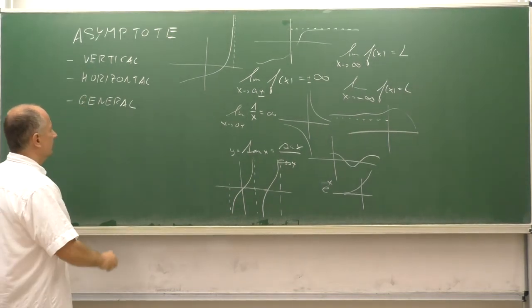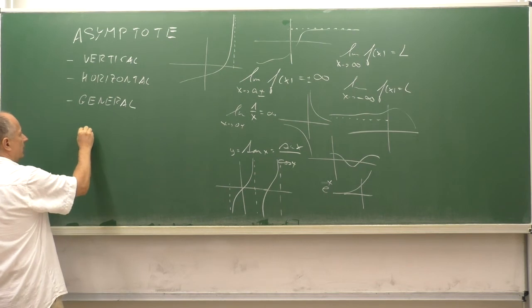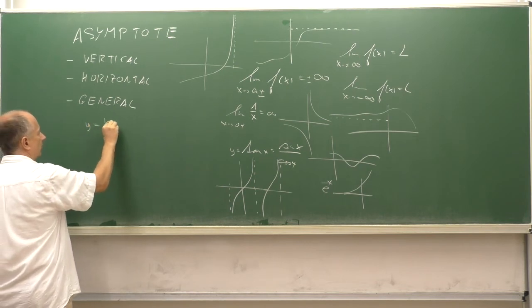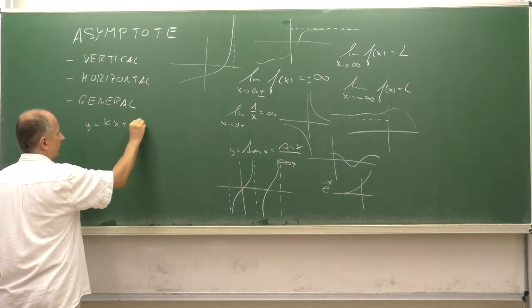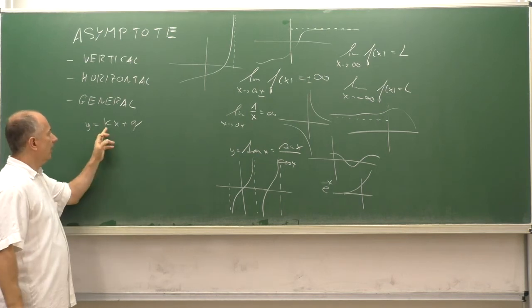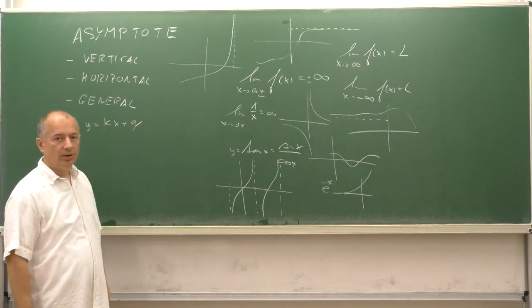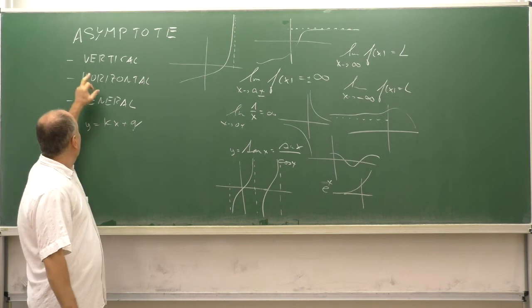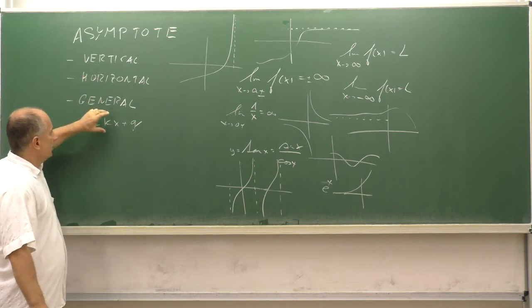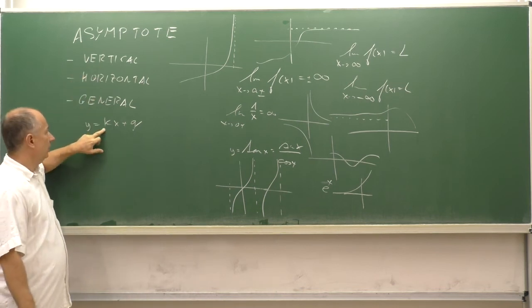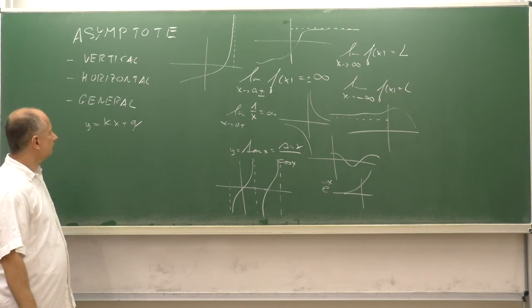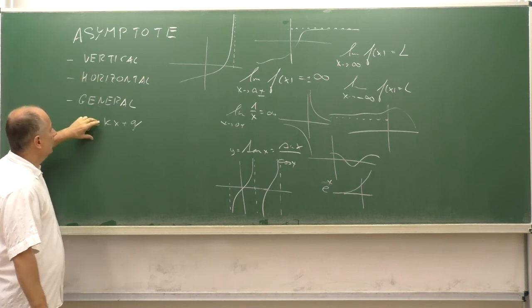And the general asymptote is an asymptote in the form k times x plus q, where k and q are two real numbers. Actually, the horizontal asymptote is a special case of this one if k is 0. And these two exclude each other.